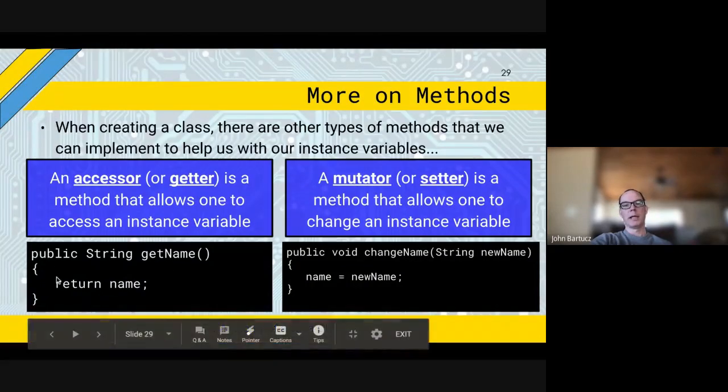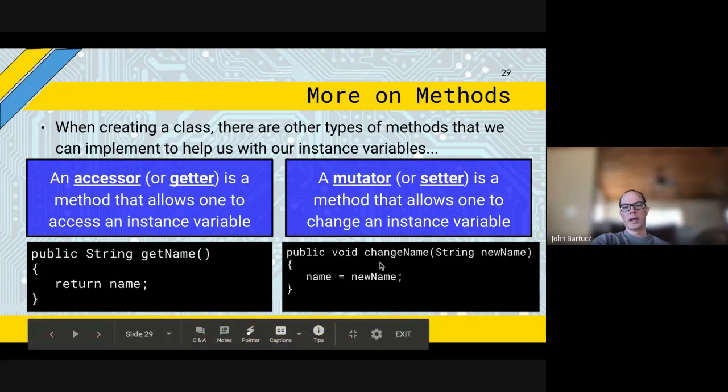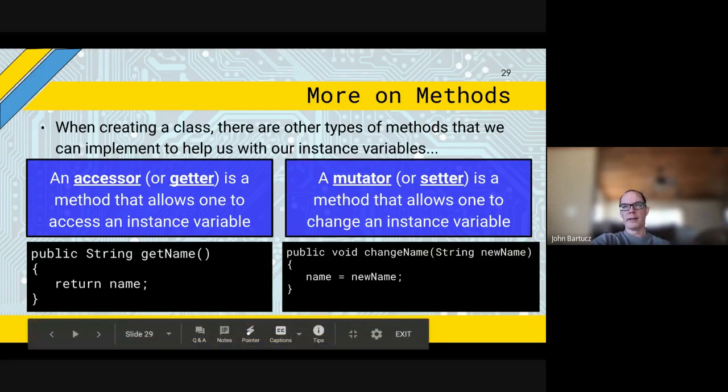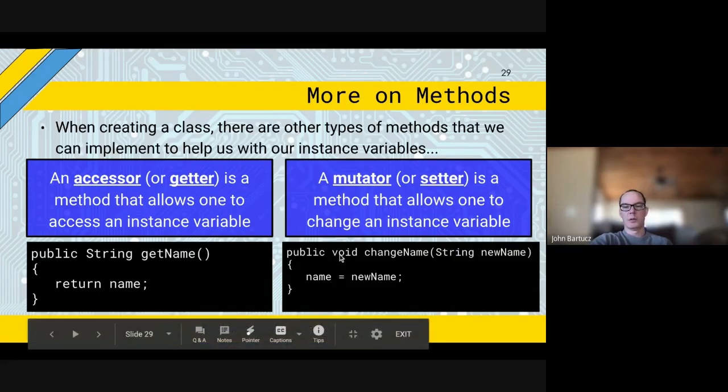You'll get an error. But I can make a public string method. So this means that getName is going to return a string. It's going to send back a string to whoever asked for it. On the other hand, setting or changing the name, it says public void, and void means I don't get anything back, which makes sense. If I'm just changing the person's name, I don't expect to get back anything. I mean, maybe I would get a success or failure code or something, but in this case, I don't really need to.